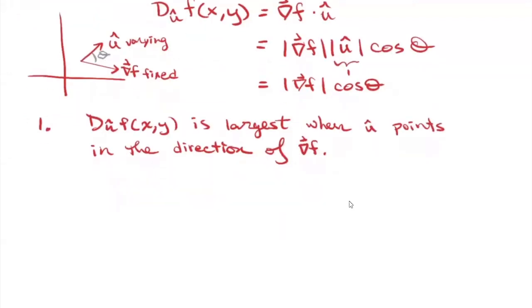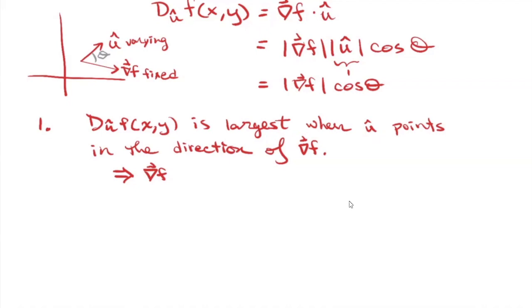So when u points in the direction of the gradient, that is to say, I always think of the gradient of f as like a compass that doesn't point north, but points in the direction where the hill is steepest.